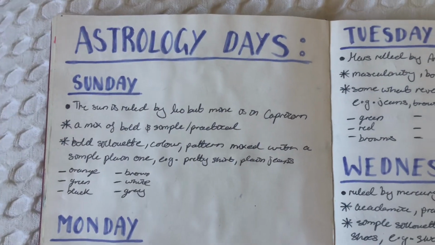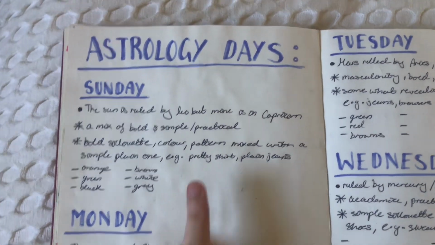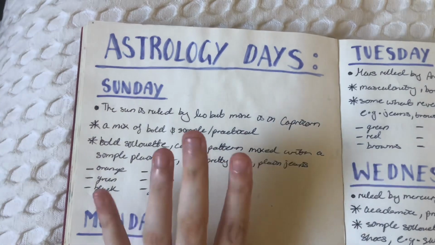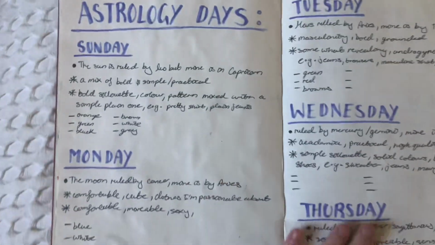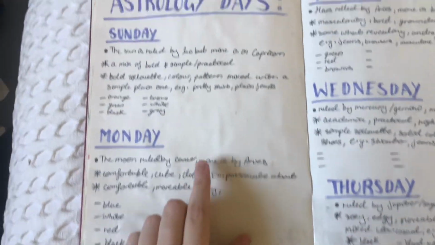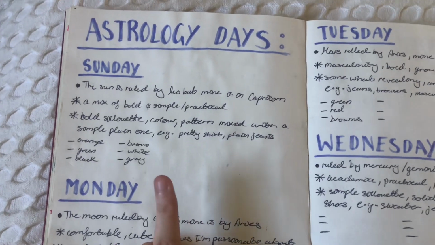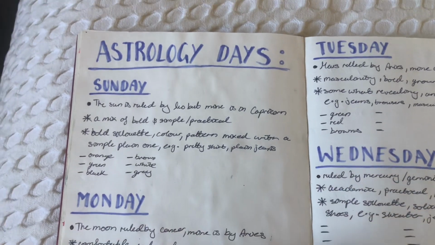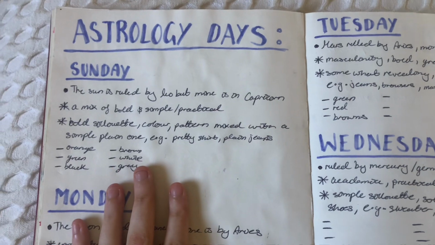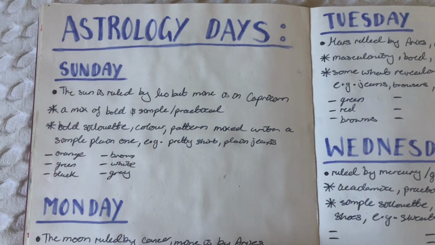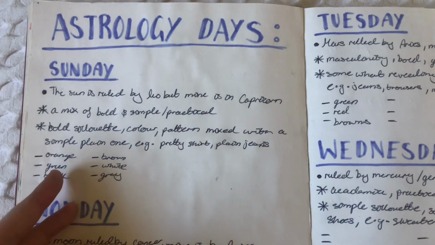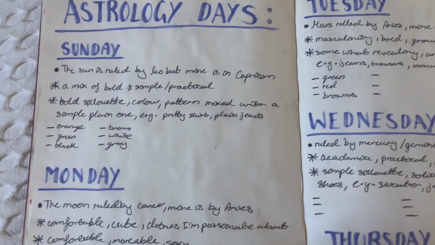Astrology days, Sunday ruled by Saturn. But I also added my own ones in here because I figured that going based on astrology, you should probably dress more the way that the planet that rules those days, what zodiac you have in that planet. So say for example, Sunday I have a Capricorn, and I have a Capricorn sun.